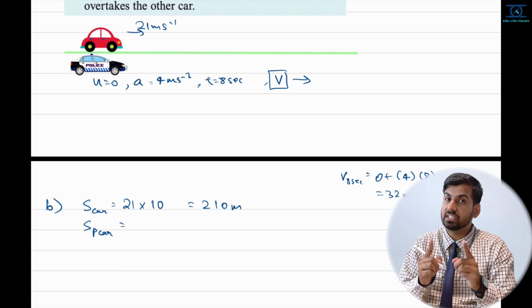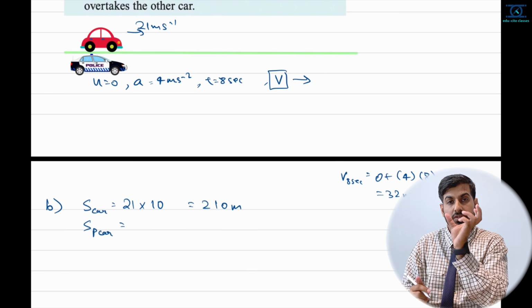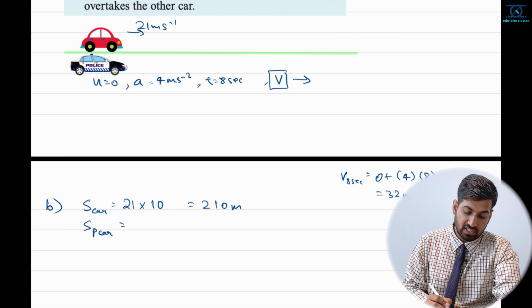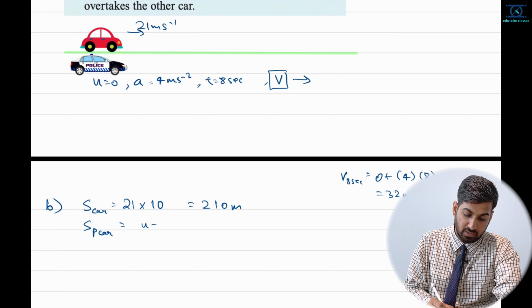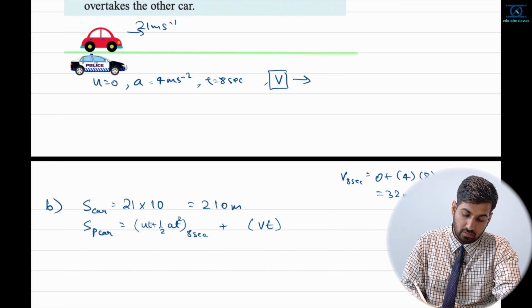For the first 8 seconds, for the displacement, we will use the suvat equation, and for the next 2 seconds it will simply be speed into time. So the total displacement in the first 10 seconds for the police car, I will use ut plus half at square for the first 8 seconds, and then speed into time for the next 2 seconds.